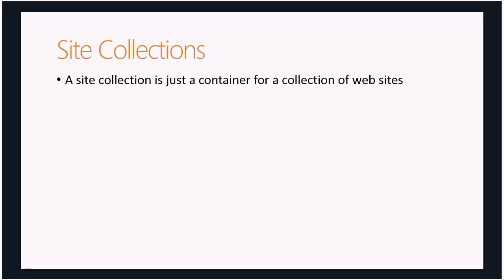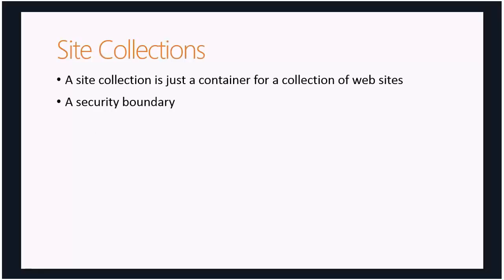A site collection is the very top container when we start talking about SharePoint. A site collection is simply a container for a number of SharePoint sites. So think of the site collection as a collection of SharePoint sites. You can also think of it as a security boundary. At this point, you can use that to determine which users have access to this collection of information inside it.